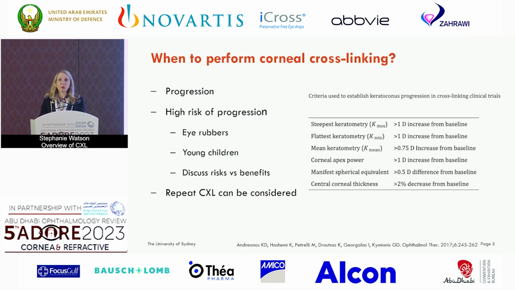Now, when to perform corneal cross-linking? Well, we've already heard this morning about progression in keratoconus and how it can be difficult to judge when keratoconus is getting worse. This table here shows some of the criteria that have been used in published studies of keratoconus that have determined progression.